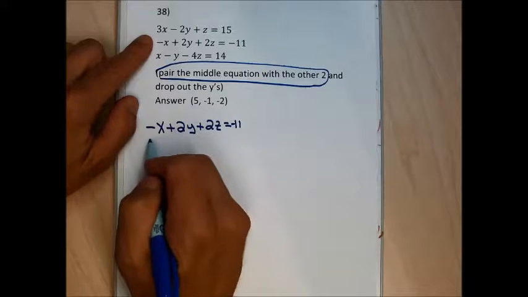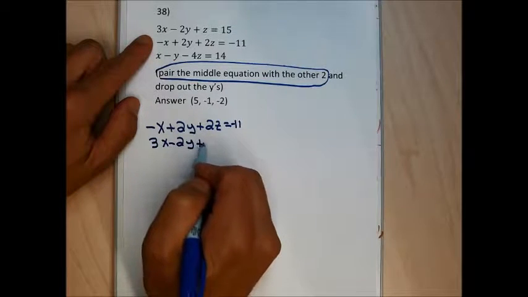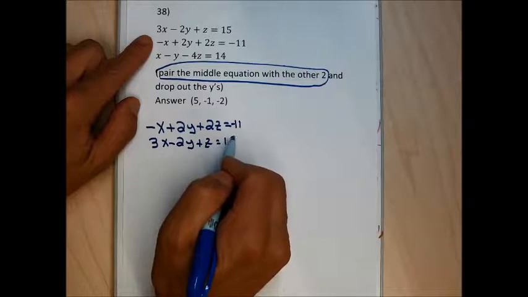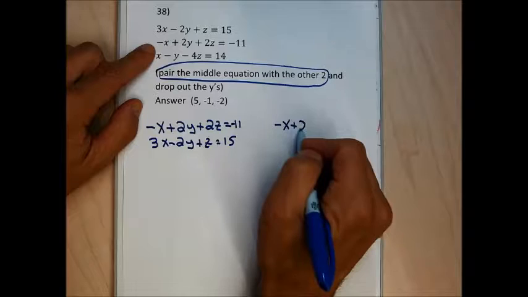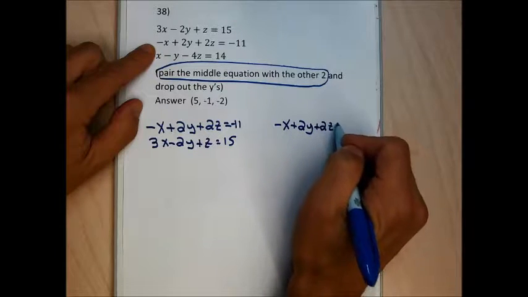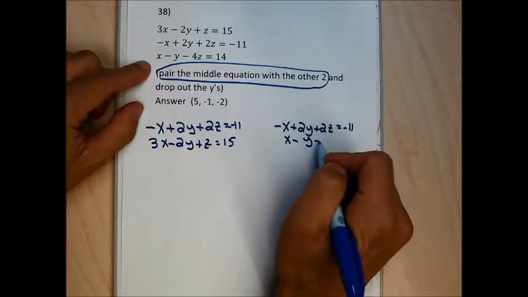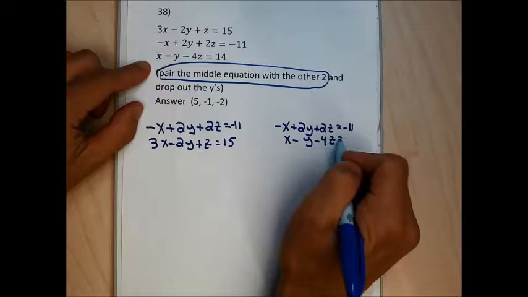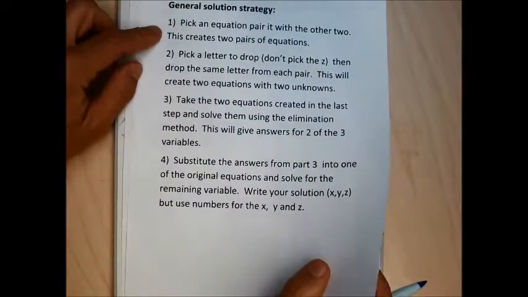Pair it with the top equation, 3x minus 2y plus z equals 15. And I'm going to pair the middle equation with the bottom equation. Done with step 1. Pick an equation, pair it with the other 2.